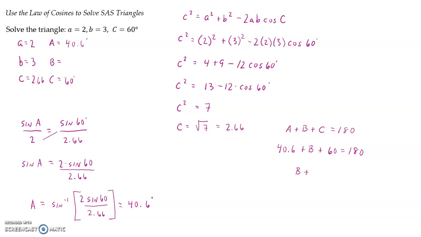If we add the 40.6 and the 60 together, that should give us 100.6. And then we can go ahead and subtract that from 180. So our B value here should be 79.4 degrees.